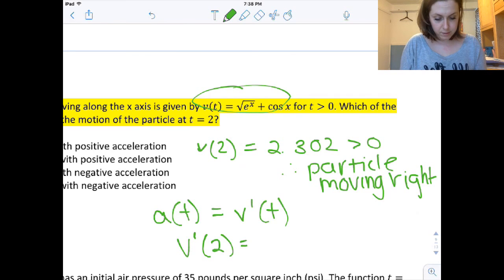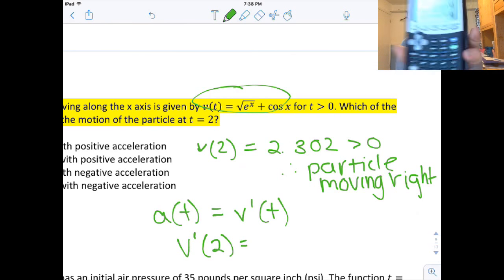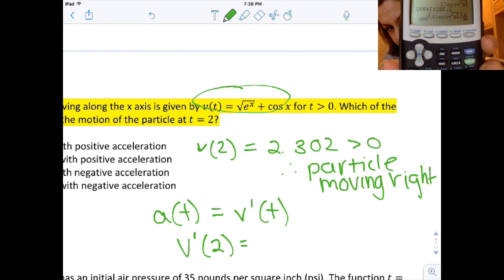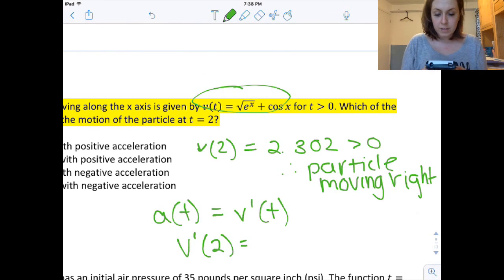And I want to evaluate that when x is 2. So there's what I'm typing in. Hit enter. And that comes out to be 0.4498. That's a positive acceleration.